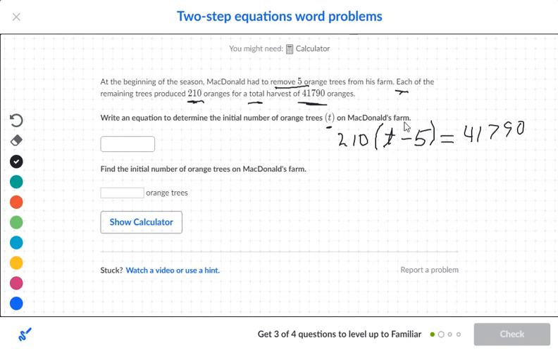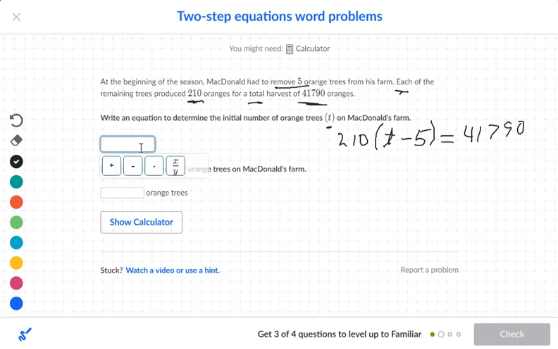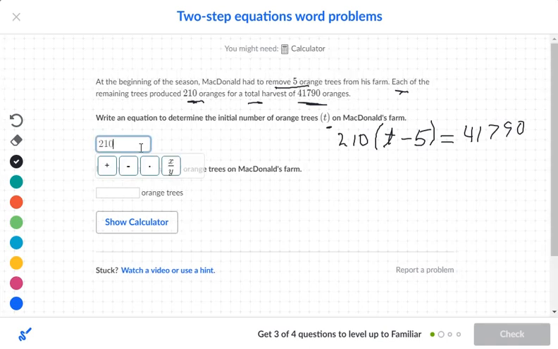But we knew that each of those remaining trees produced 210 oranges. So let's go ahead and type in what our initial equation is. So this is 210. We're going to go parentheses. And normally, like I say, we would put the T right after it.